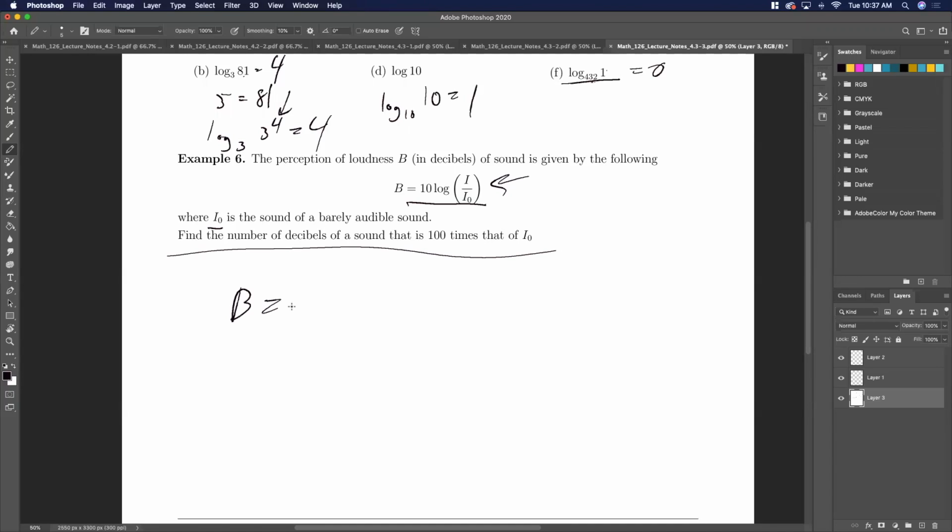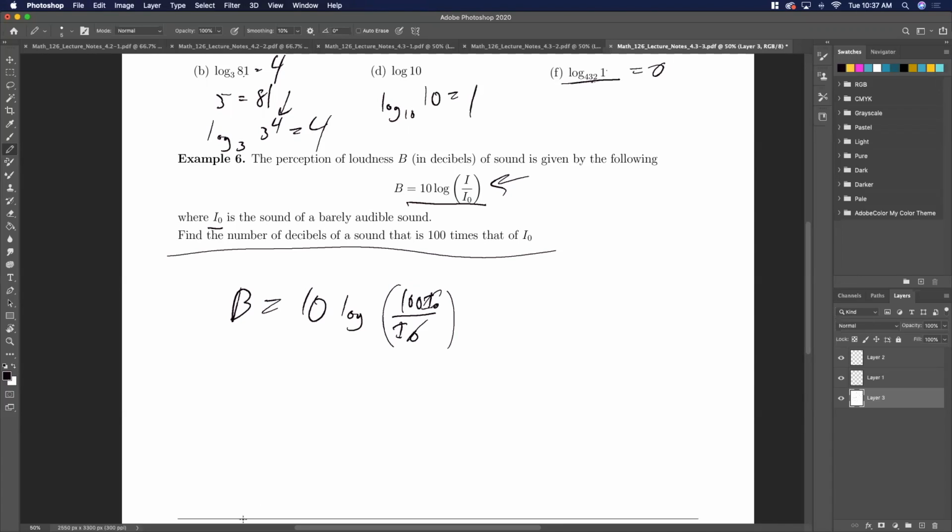So here we're going to go. B times 10. So how am I going to do this? Well, it's log base 10 of, well, I naught. Do I know what I naught is? No, I haven't told you what that is. But I told you this is 100 times I naught, right?